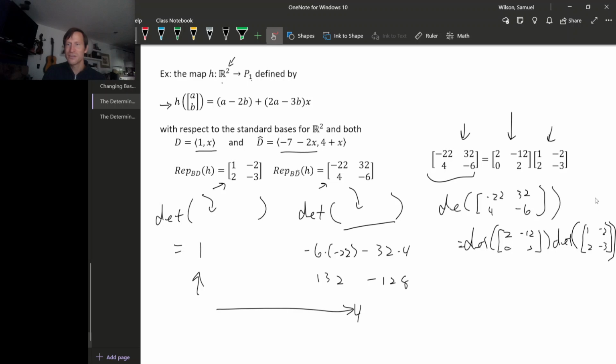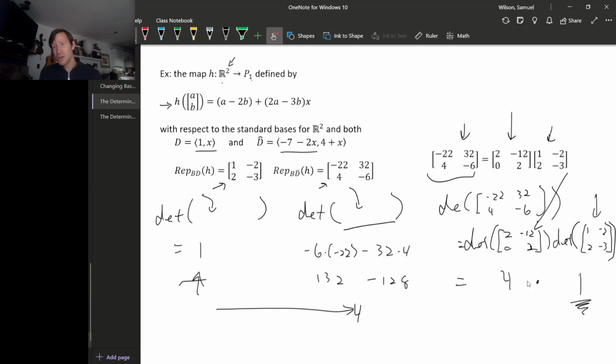Okay, this determinant of our first representing matrix, that was 1. And the determinant of this transition matrix is 2 times 2 minus 12 times 0, so 4. Right. So because this transition matrix came out to be kind of wild, its determinant doesn't have to be anything in particular, and so it changes the determinant of the representing matrix, right?